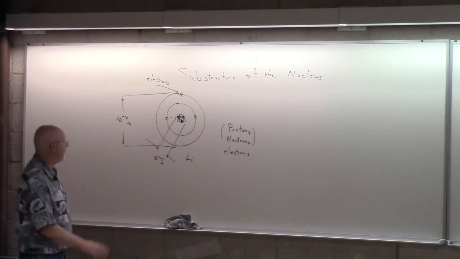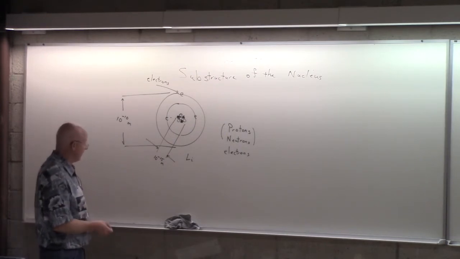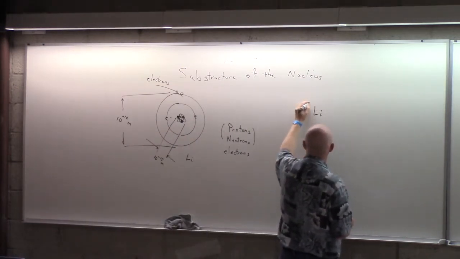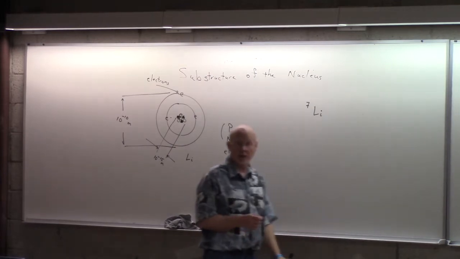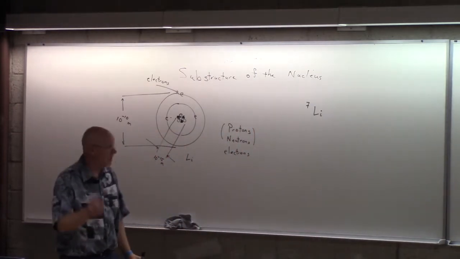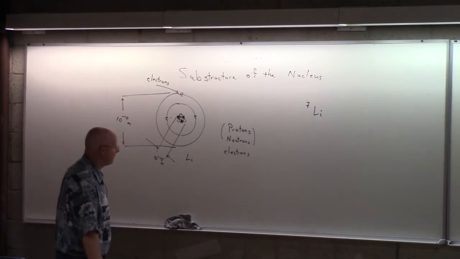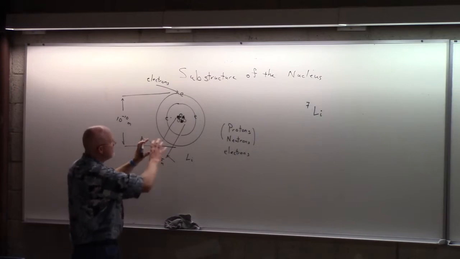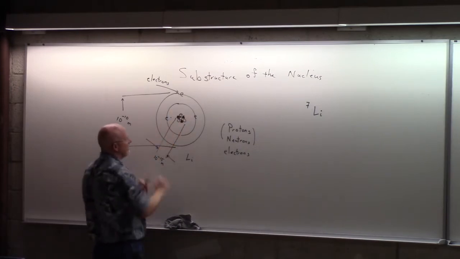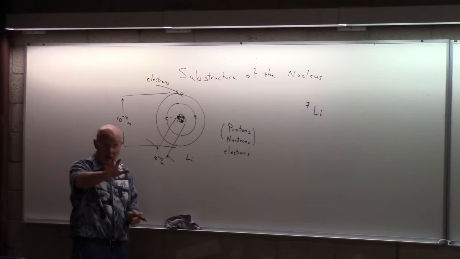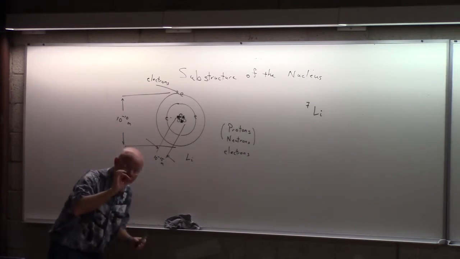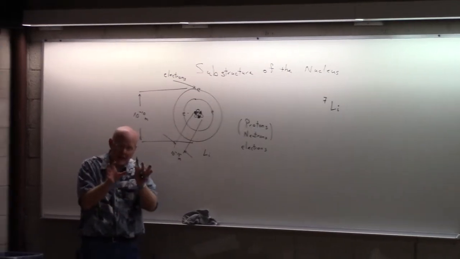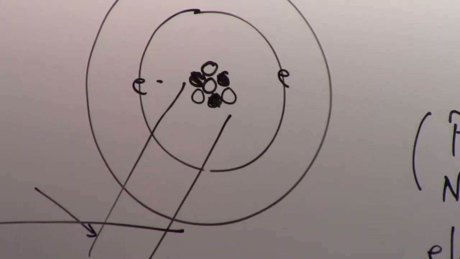But let me just point out what I would call lithium. I'm going to refer to it as lithium-7. The Li stands for lithium. I put the 7 there because how many objects are actually in the nucleus? I don't know if you can see on the camera, but I deliberately tried to draw 3 of them darkened in, and those are the protons.